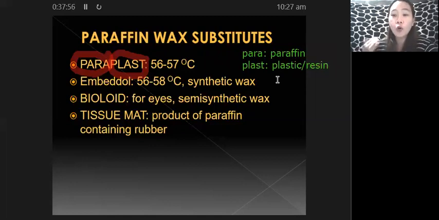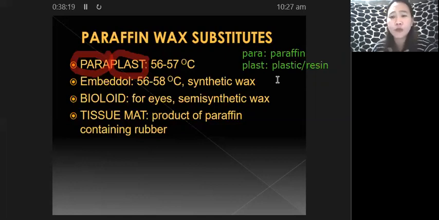Okay. No cooling is required because in addition to the paraffin, your plastic will automatically undergo polymerization. Ayan. So that's why it does not require cooling. It does not crumble because it's elastic. Okay? So in histopath, we want plastic.